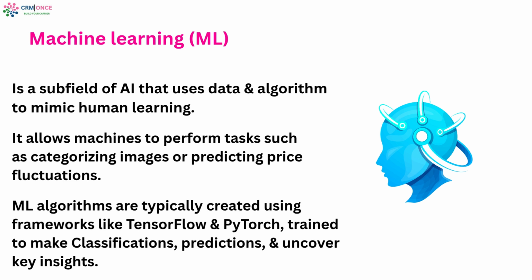Definition: a subset of AI that enables systems to learn from data using algorithms without being explicitly programmed for every task. Applications: image classification, trend prediction, pattern recognition. Common frameworks: TensorFlow, PyTorch. Used for making predictions, automating decisions, data-driven insights.